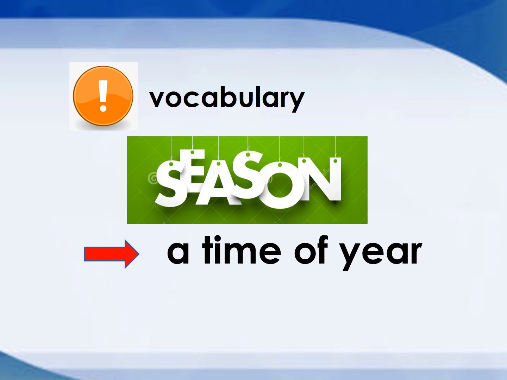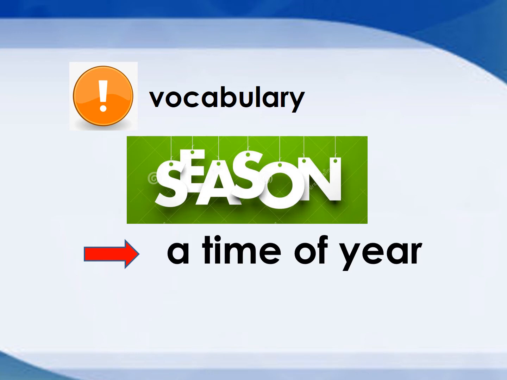Season means a time of year. You have to remember that season is a time of year. So it is not in a month, it is not in a week, it's not in a day, but in a year. Is it clear?